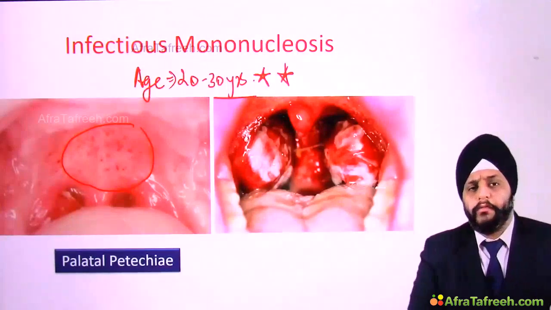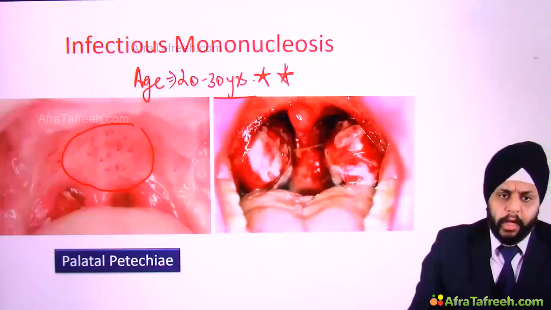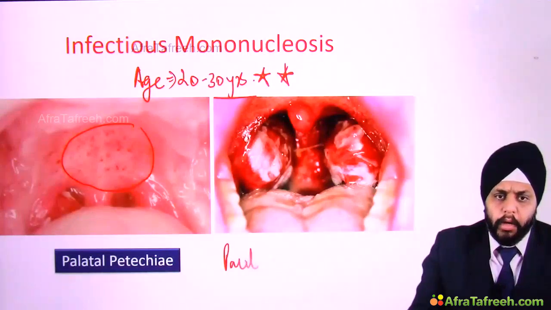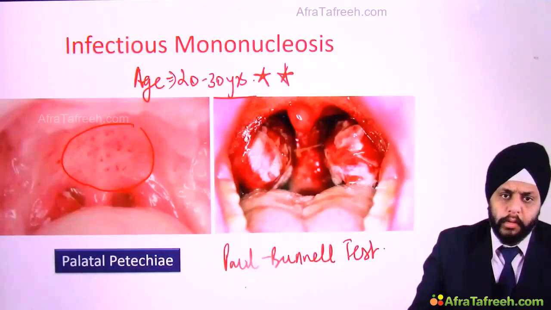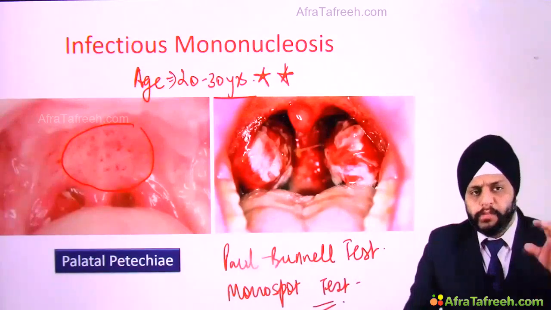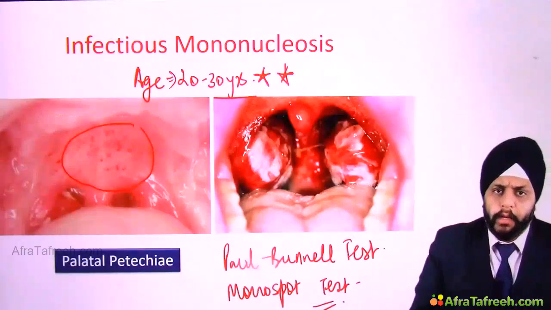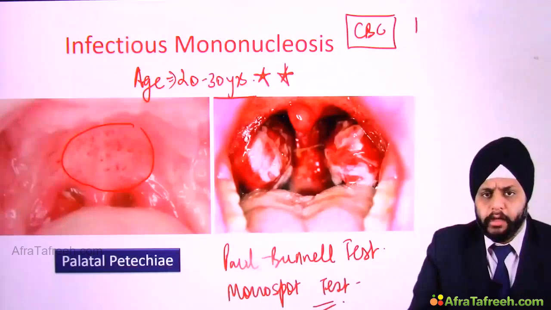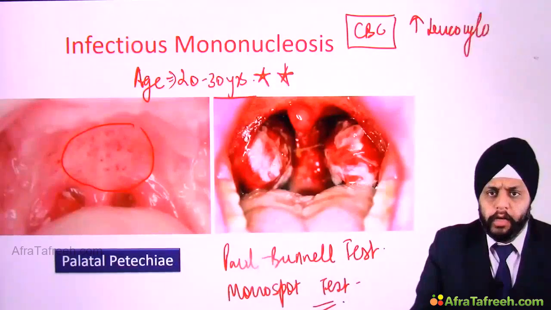Now, how do we confirm whether it is infectious mononucleosis? You can do a blood test, and what is that? We have the Paul Bunnell test or the monospot test. That is done specifically for infectious mononucleosis. Otherwise also, if you do a normal CBC, complete blood counts, you will see that it is a viral infection, the leukocytosis is there.